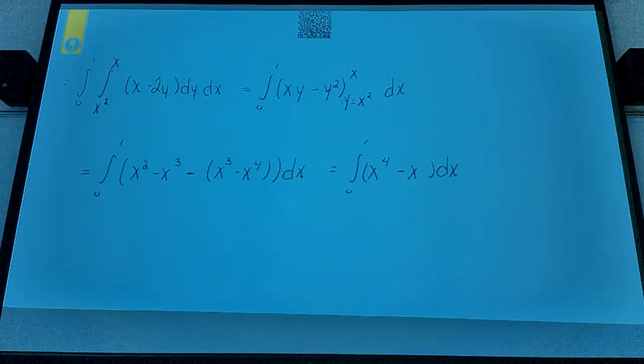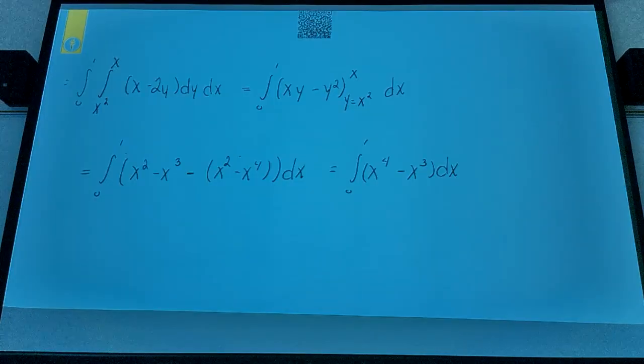No, it should be x squared. Are you multiplying x squared by x though? That was the first one. Minus y squared. Yeah, x times x squared minus x squared squared. x times x squared, right?